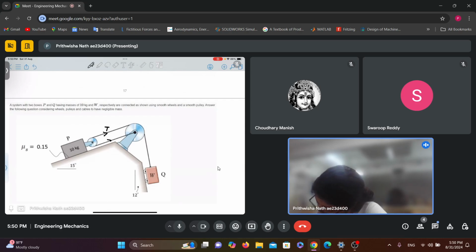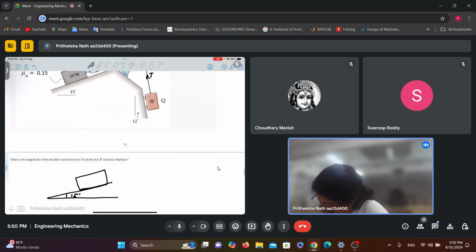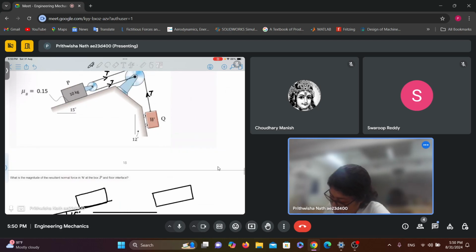So this is T, this is T, and this is T. What is the total tension acting on this block? It's 2T.